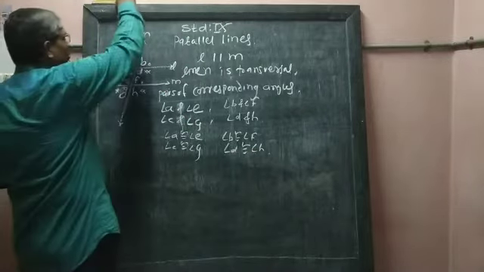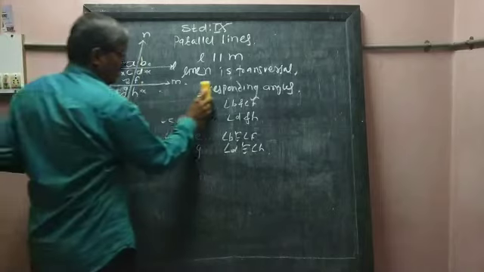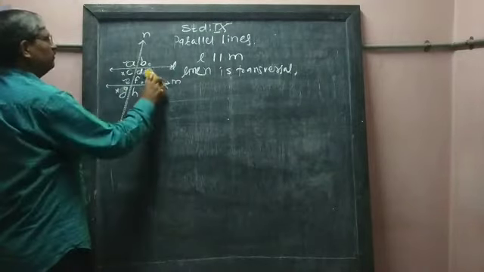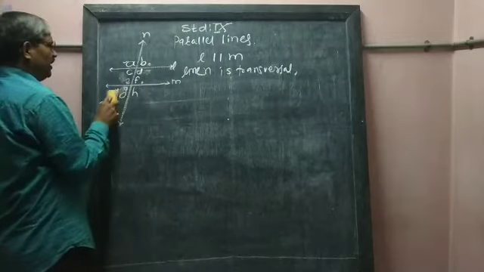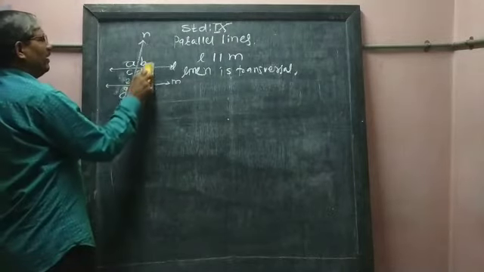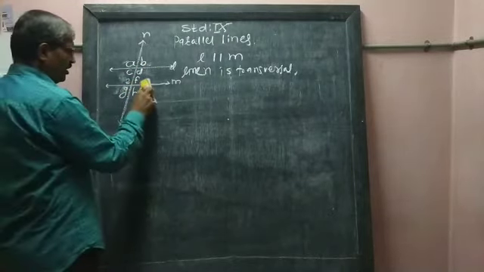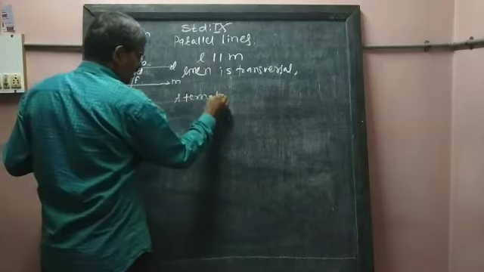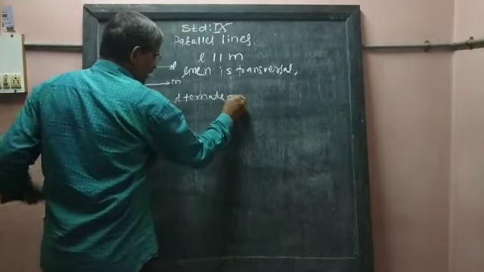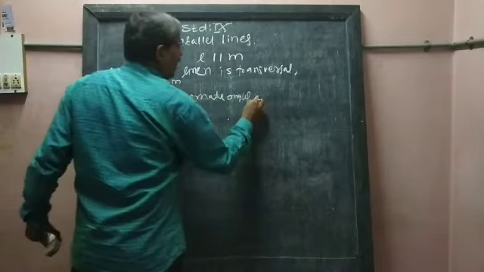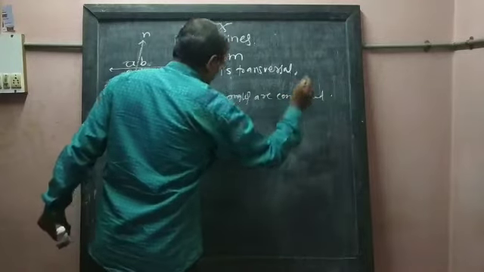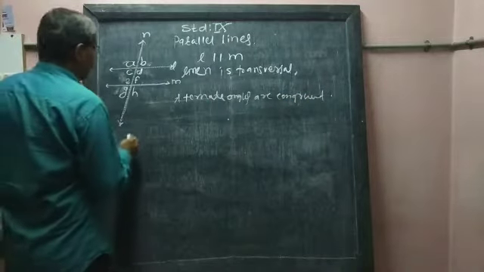Now we are going to study the pairs of alternate angles. Alternate angles are also congruent to each other. Here, which are the alternate angles?